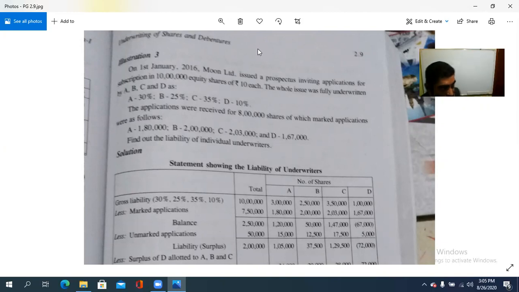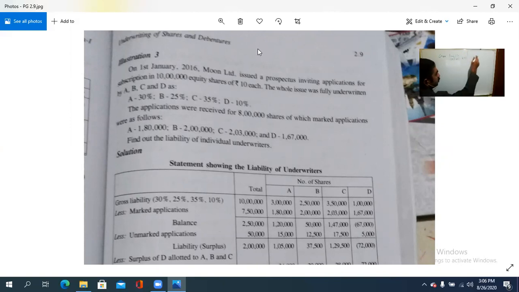Starting with the gross liability, 30% is to how much, 25% is to, 35% is to, 10%.